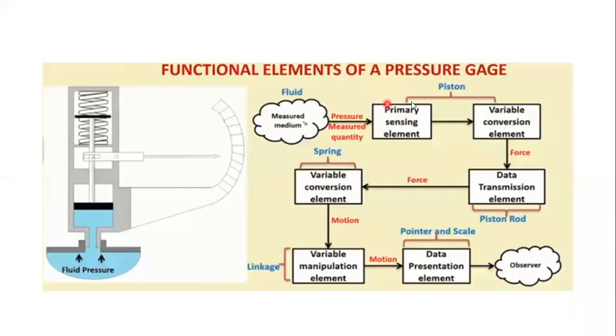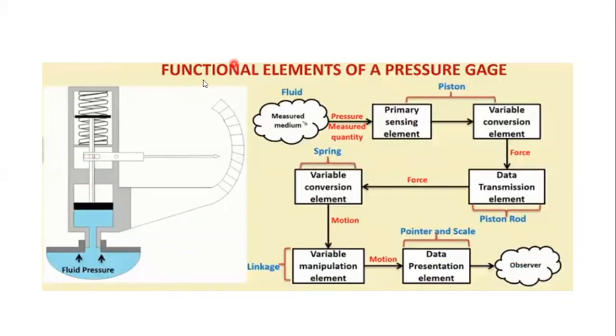So our primary sensing element is the piston, and the variable conversion element is also the primary sensing element, and the conversion of that pressure is done by this piston. When we apply a pressure, this fluid will move upward and the piston will move upward.